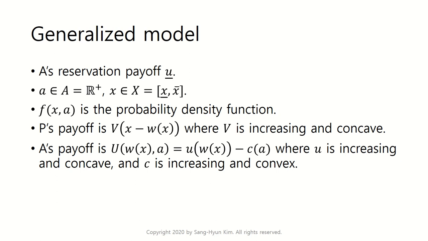So we will add no more assumptions on this. The small u function is increasing and concave, and the c function is increasing and strictly convex. So that's it.